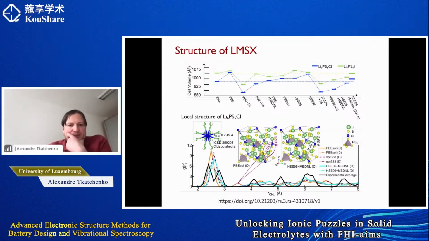Right. Yeah. One thing you can already see here is that the level of disorder matters a lot. For example, if we move from this blue solid line to the blue dashed line, which is HSE plus MBD-NL for an ordered structure and for a range of disordered structures, you already see quite some difference, and the peak moves much closer to the experiment.